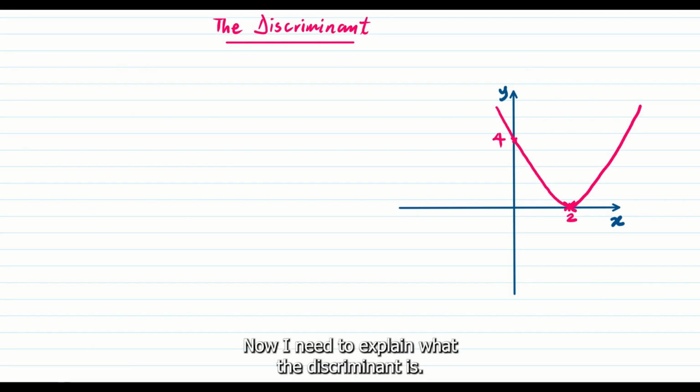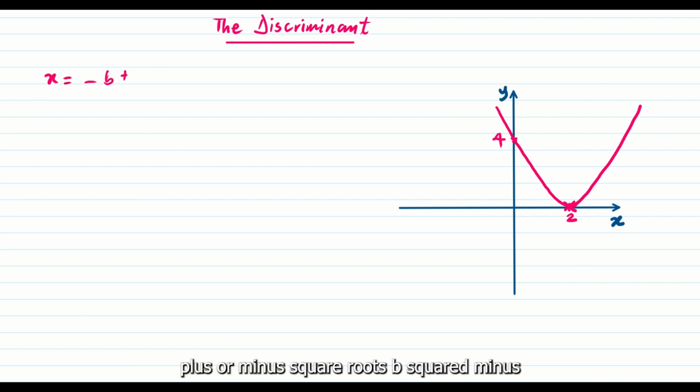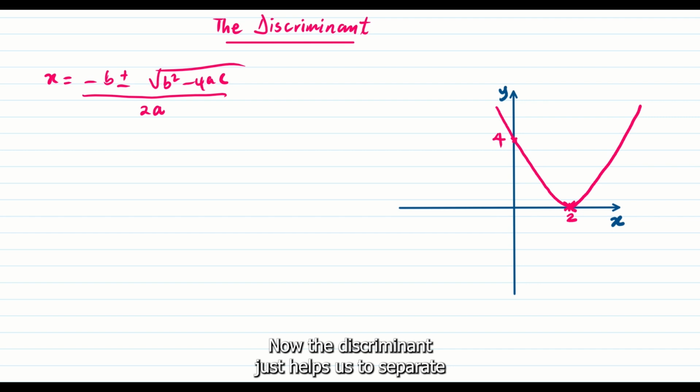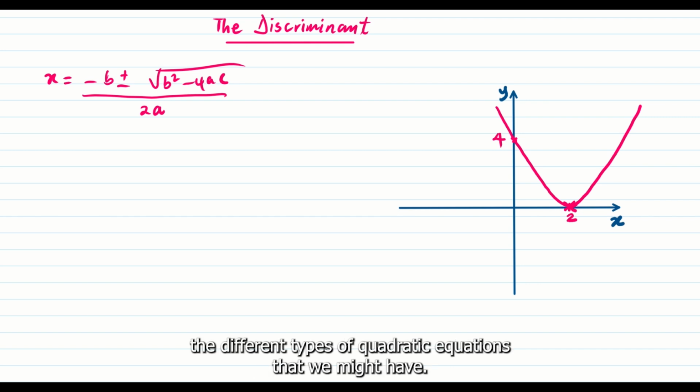Okay, now I need to explain what the discriminant is. You remember that we use the formula x equals minus b plus or minus the square root of b squared minus 4ac, over 2a. Now, the discriminant helps us to separate the different types of quadratic equations that we might have.